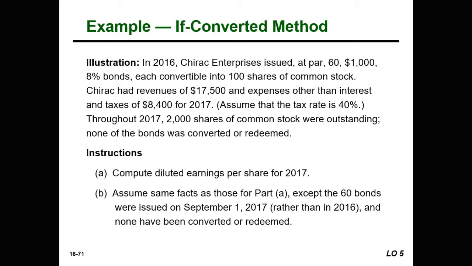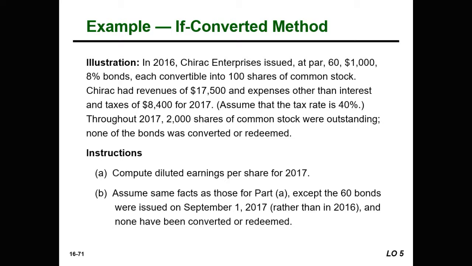Throughout 2017, 2,000 shares of common stock were outstanding, and none of the bonds were converted or redeemed. We're going to compute diluted earnings per share for 2017. Assuming the same facts as those for Part A, except the 60 bonds were issued on September 1st, 2017 rather than 2016, and none of them have been converted or redeemed.